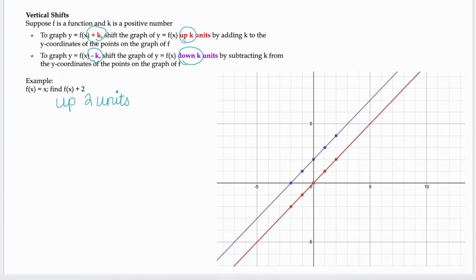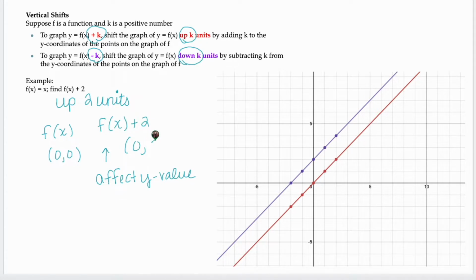So in my original function, if I had the point 0, 0, if I'm shifting my graph up 2 units, that's going to affect the y value. Which means that in f of x plus 2, the same point 0, 0 would now be 0, 2.